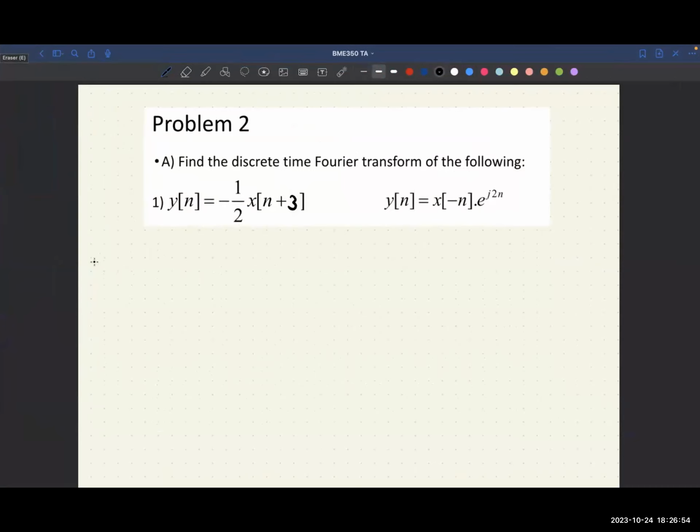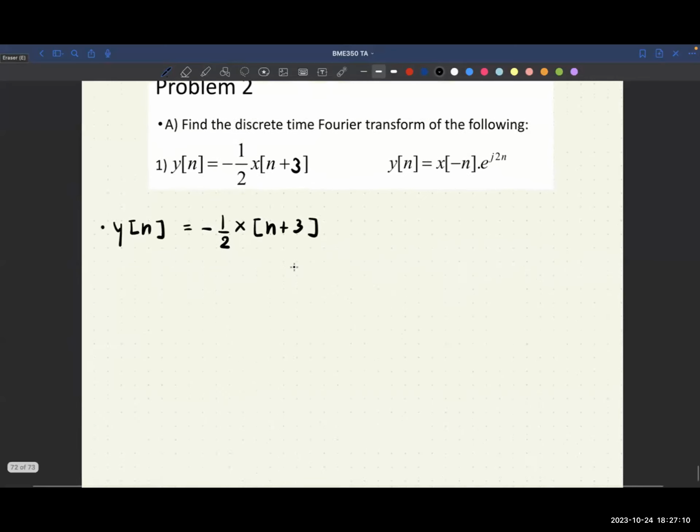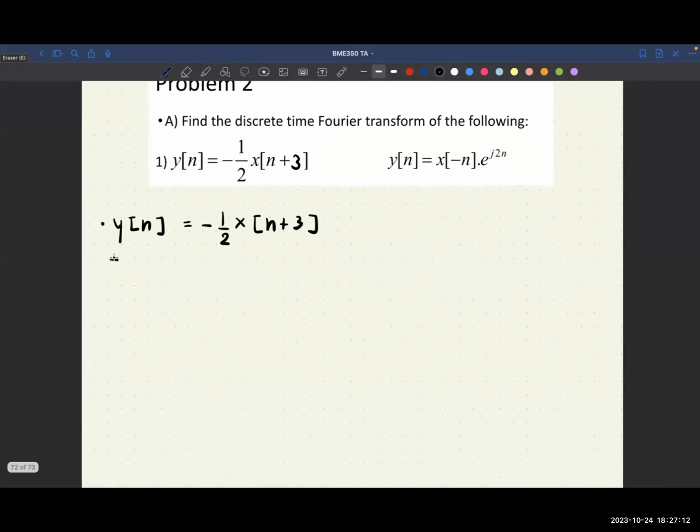Let's start with the first question here. y[n] equals -1/2 x[n+3]. The first thing that we should do is to list the properties that are involved in this system, in this signal.